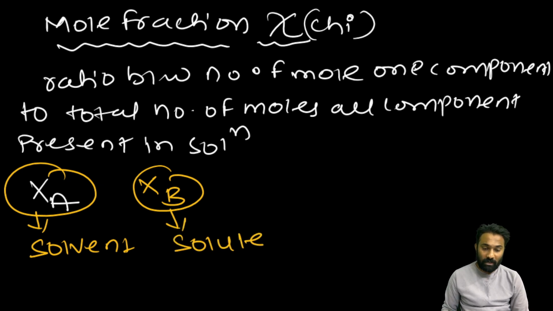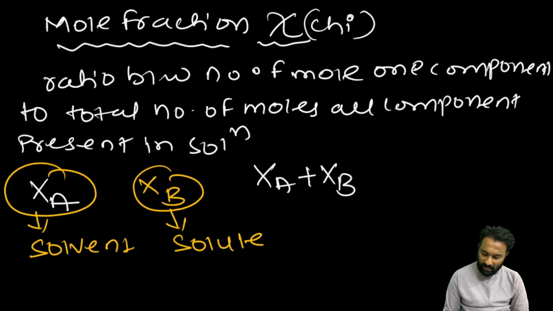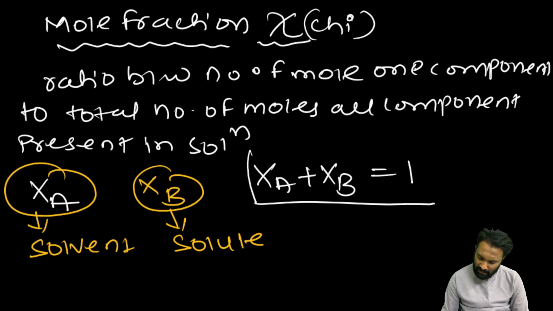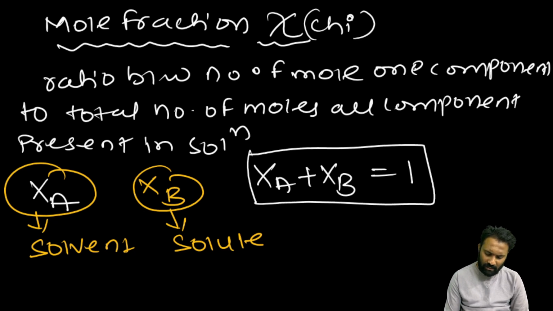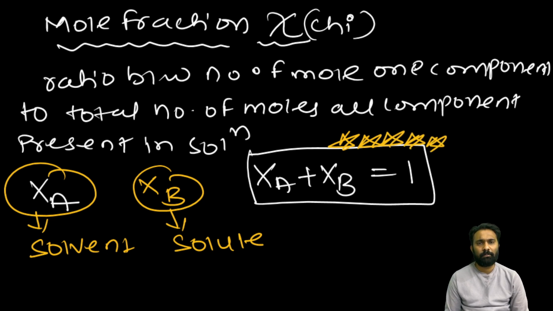Now if I add mole fraction chi A plus chi B, it will give you 1. This relation we are going to use repeatedly in our entire solution chapter. So how chi A plus chi B is equal to 1 has come.